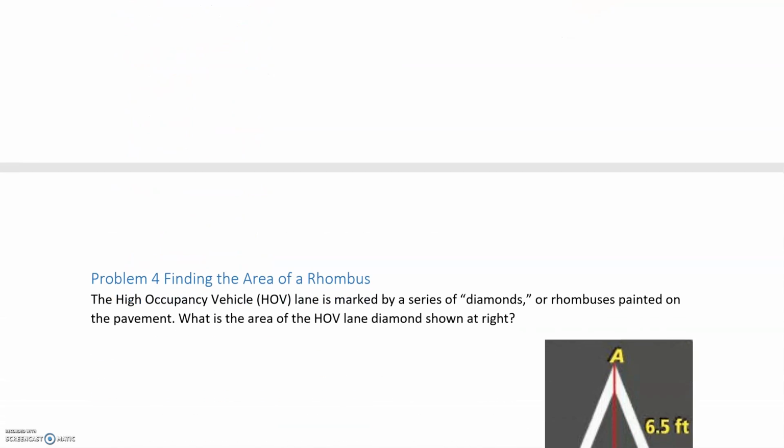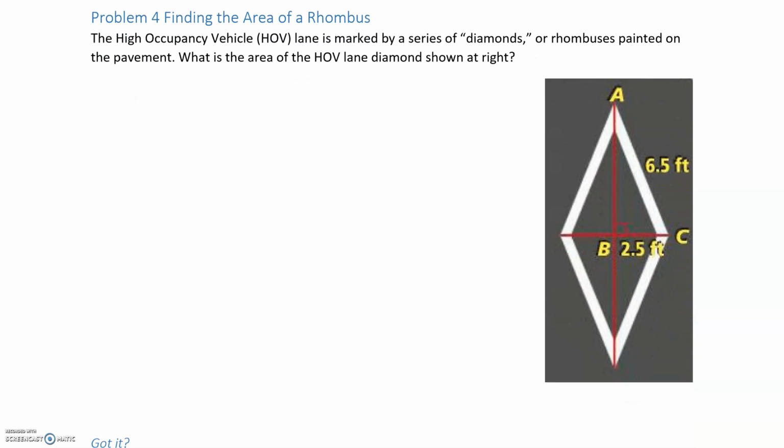Okay. And our last page, we're finding the area of a rhombus. What we know about rhombuses is that their diagonals create right triangles. So we know that this little side right here is 2.5 and this side right here is going to be 6.5. So we need to find this side right here.